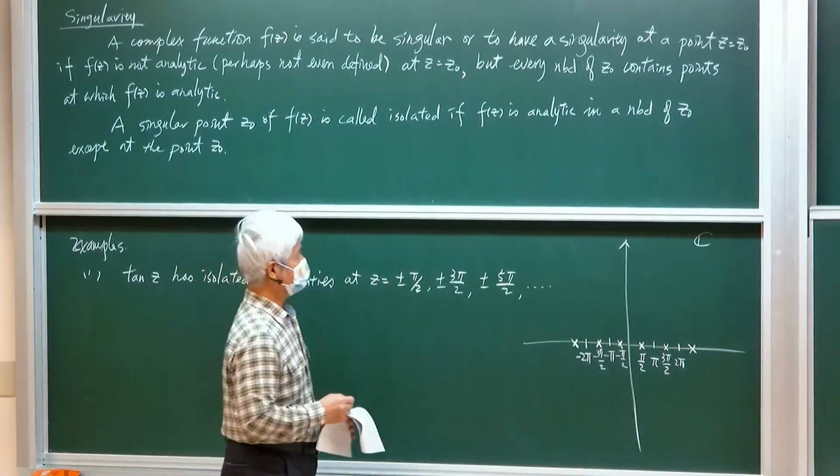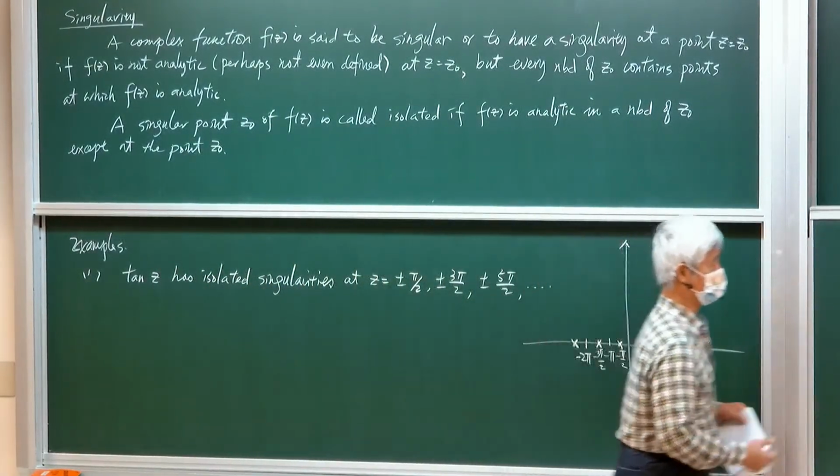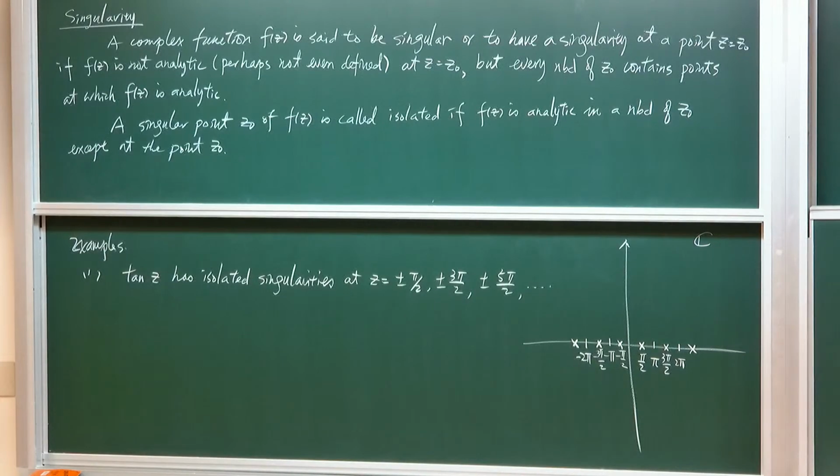And they are isolated because you can find a neighborhood for every singular point.